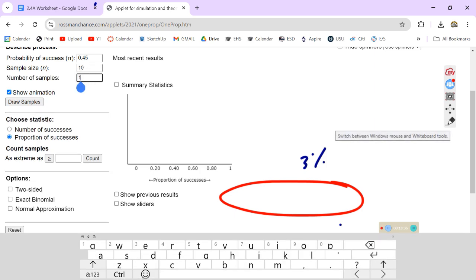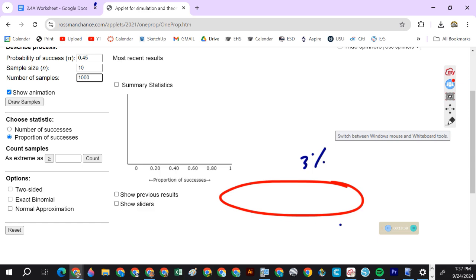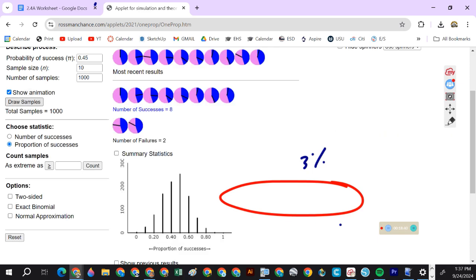So let's do this 1,000 times. Okay? What is your chance of winning? So in order to win, you have to get 55% of the right.